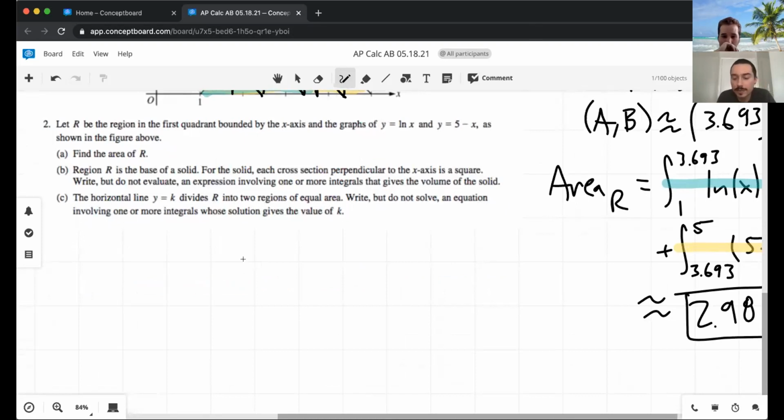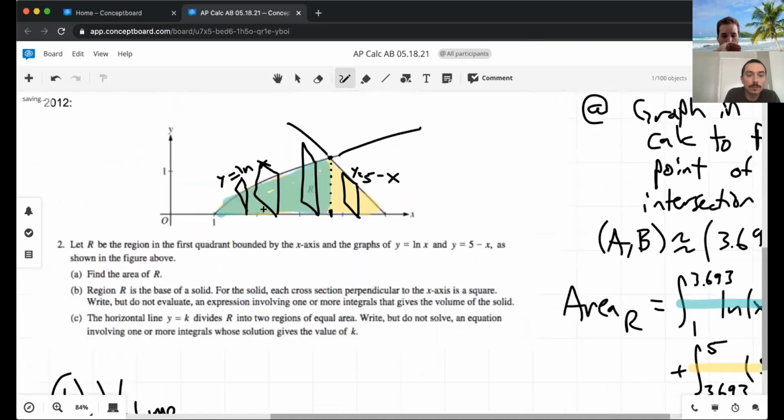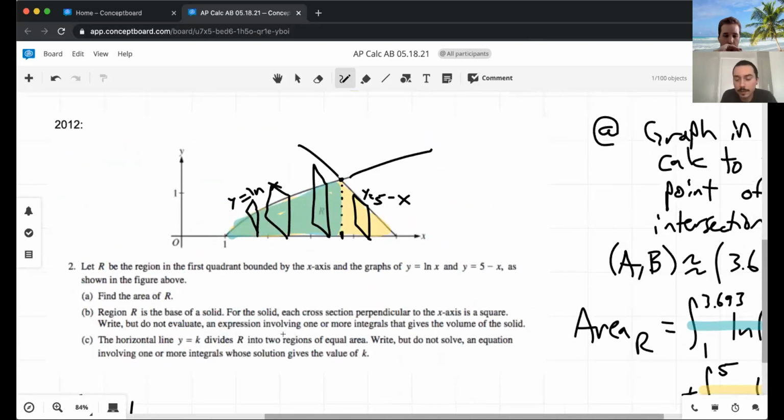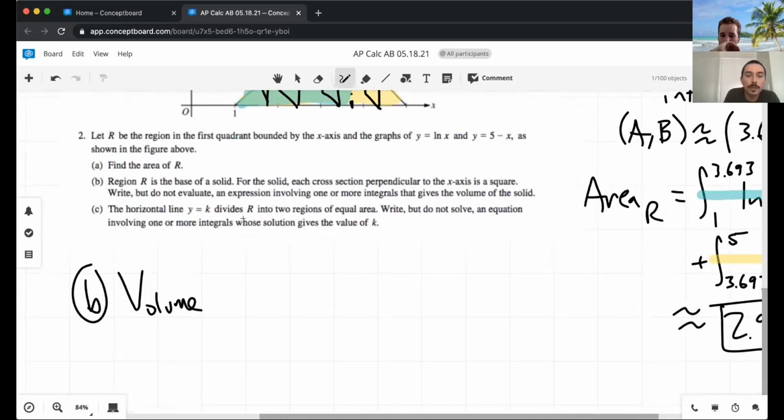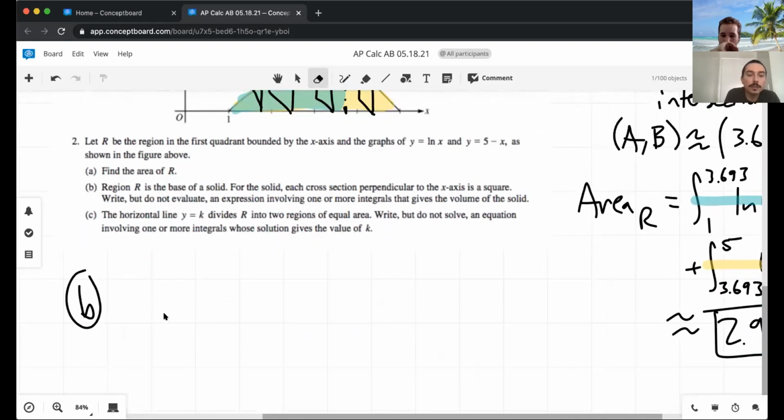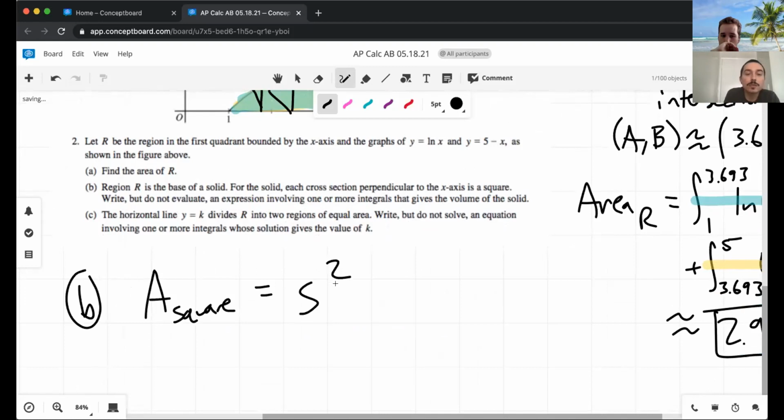So how can we represent this as an integral? We're looking for a volume, because we're looking for the volume of all these squares added together. Again, we know the area of a single square is whatever the side length is, squared.